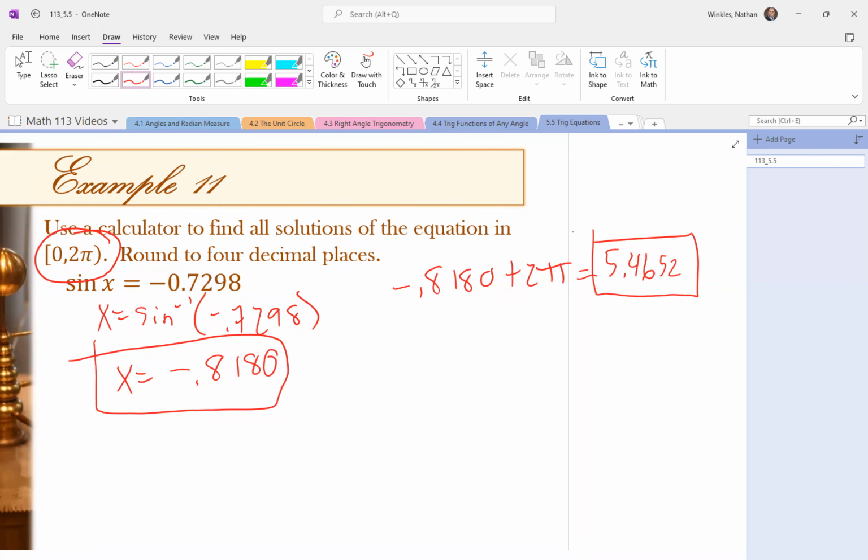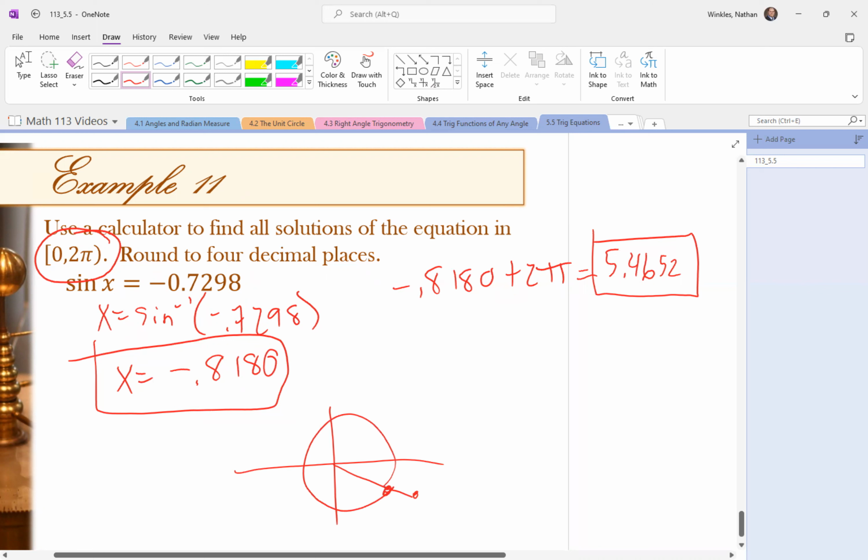Now, we also have another one that we can do. So in other words, if we remember our unit circle, if we have x equals a negative here, by adding 2 pi to it, we got back to the same value. That gave us this answer that we just found. In almost all cases, we also have one that's on the other side over here.